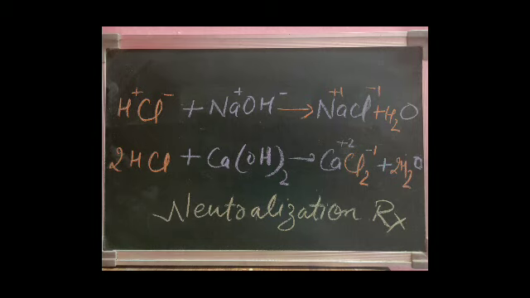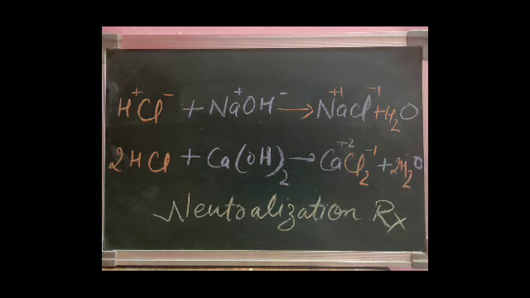Let's take another example. Here we are reacting HCl with calcium hydroxide. HCl is the acid and calcium hydroxide is the base. So when they react with each other, they form a salt. As we know, calcium has plus 2 charge and chlorine has minus 1.